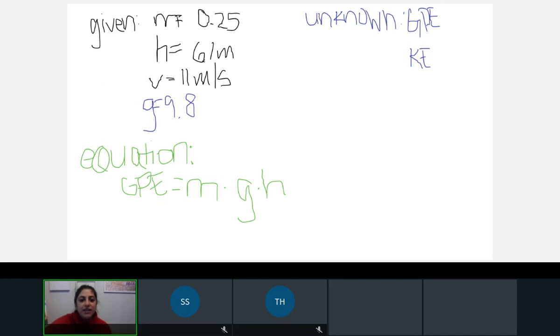So what is the gravitational potential energy for this? Well, in order to do that, we need to take our knowns and put them into our equation. So we're going to put 0.25 times G, which is 9.8, times the height, which they said was 6.1.